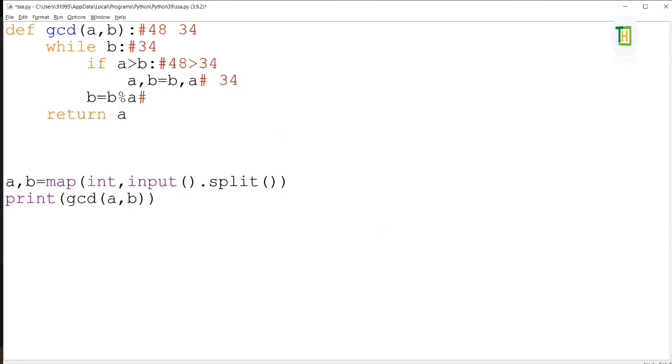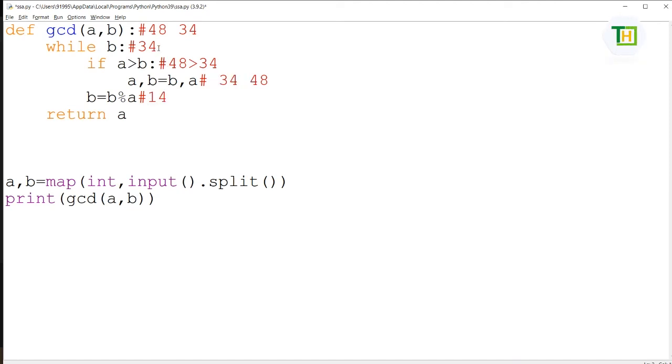Then A becomes 34 and B becomes 48. The swapping is done. And coming to this line, 48 minus 34, that means 14. The B value is going to be 14. The remainder is 14 now. A value is 34. B value is 14 now.